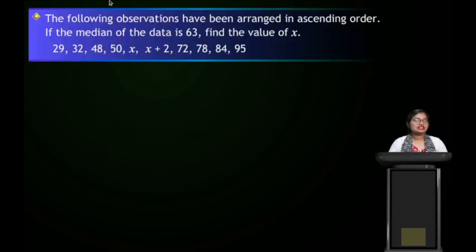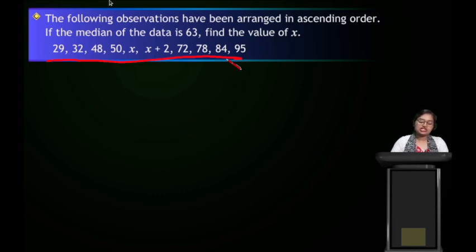So students, here we have one more question. The following observations have been arranged in ascending order. If the median of the data is 63, find the value of x. So these are the observations they have given, isn't it? Yes.